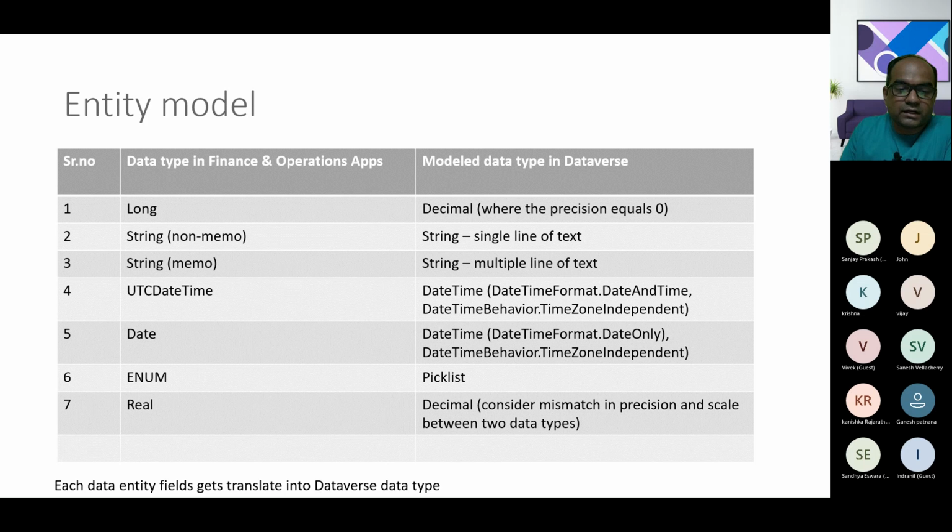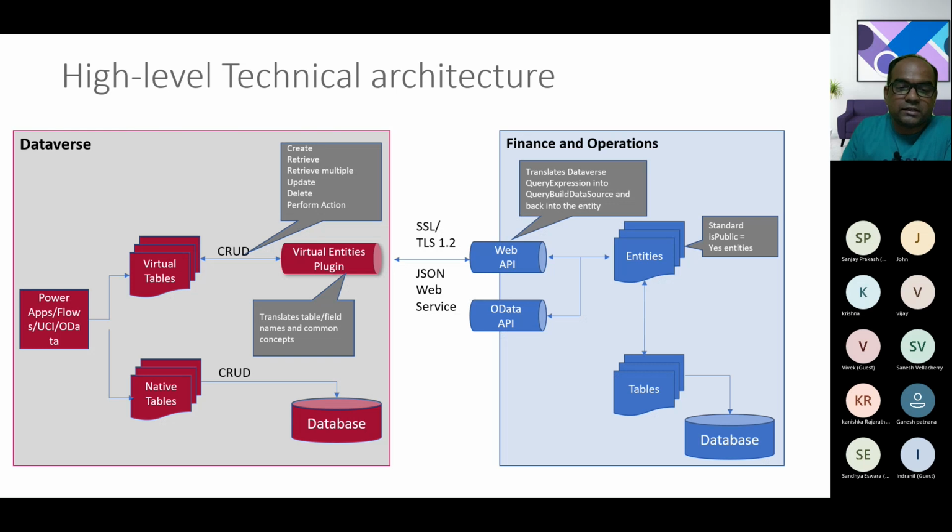But in the interest of time, I just try to highlight a couple of data types which would allow you to understand how it gets converted at runtime when you try to invoke that virtual table or entity from a Dataverse perspective. Each data entity field gets translated into the Dataverse data types, and as you can see in the previous slide, I was trying to highlight this translation mechanism, which initiates from your virtual entity plugins all the way to the data entities, and it also translates the Dataverse query expressions.